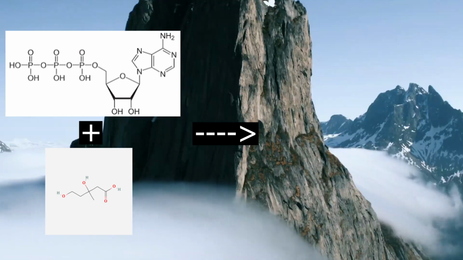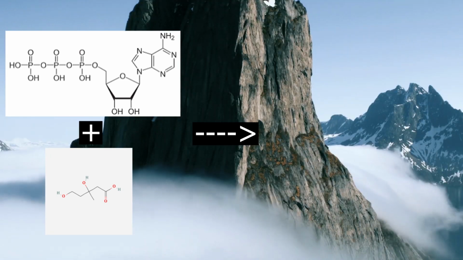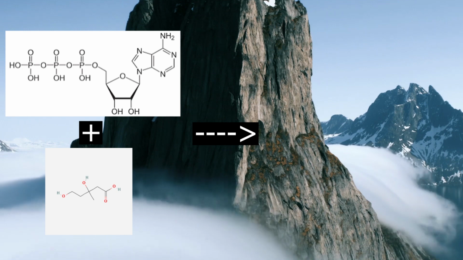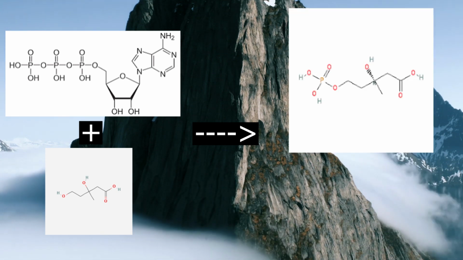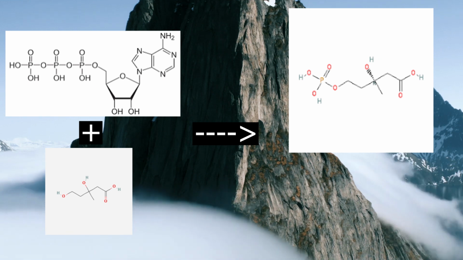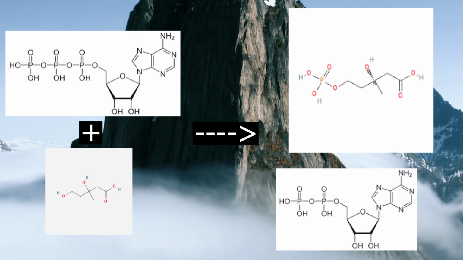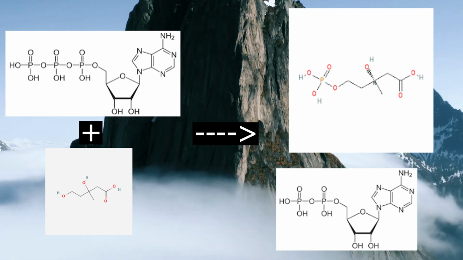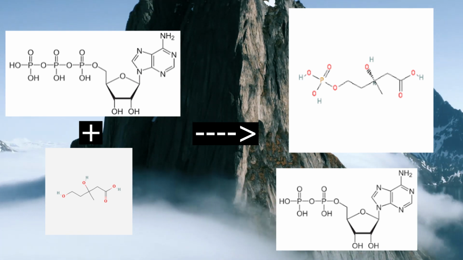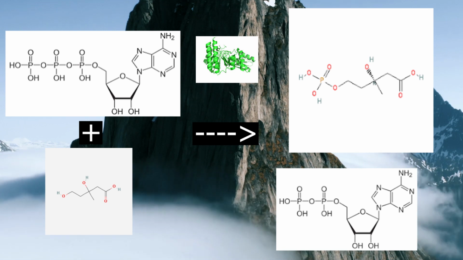The first of these reactions is when the mevalonate reacts with the adenosine triphosphate, and this turns into 5-phosphomevalonate, as well as an ADP molecule, which stands for adenosine diphosphate, and this is because one of the phosphate groups is used up to make the phosphomevalonate molecule.